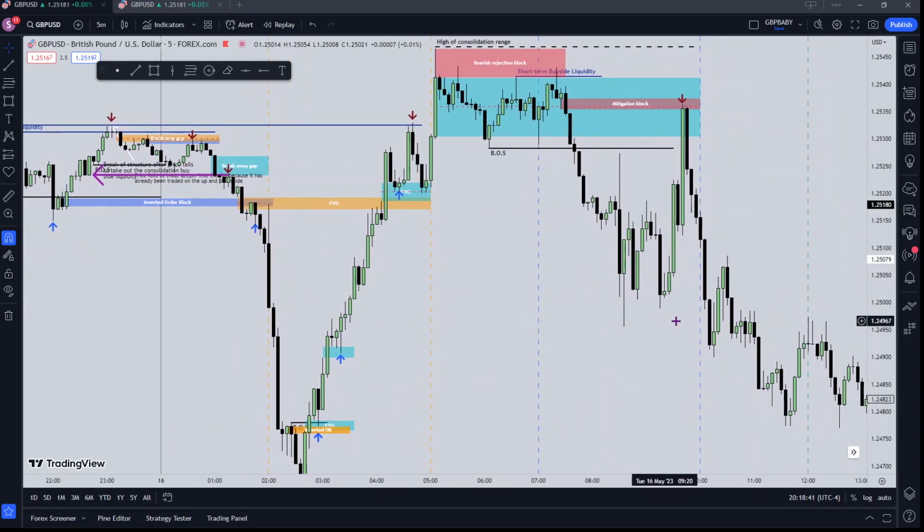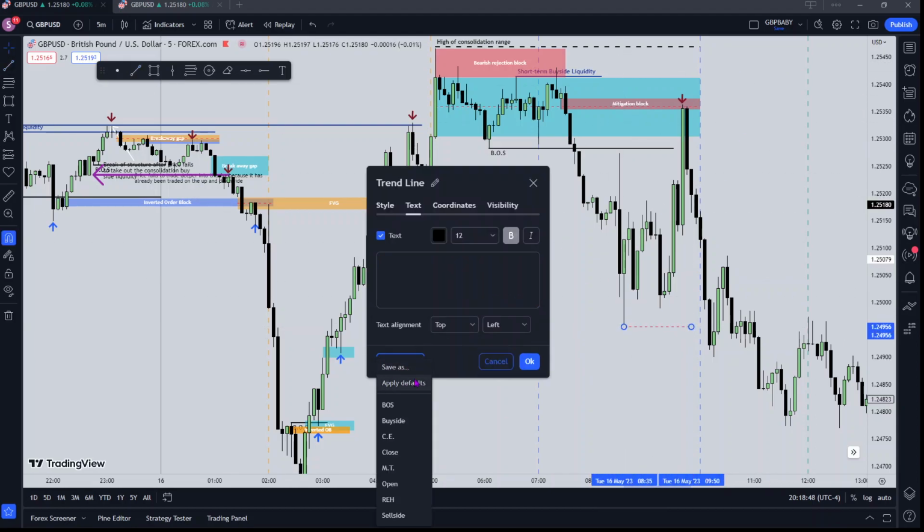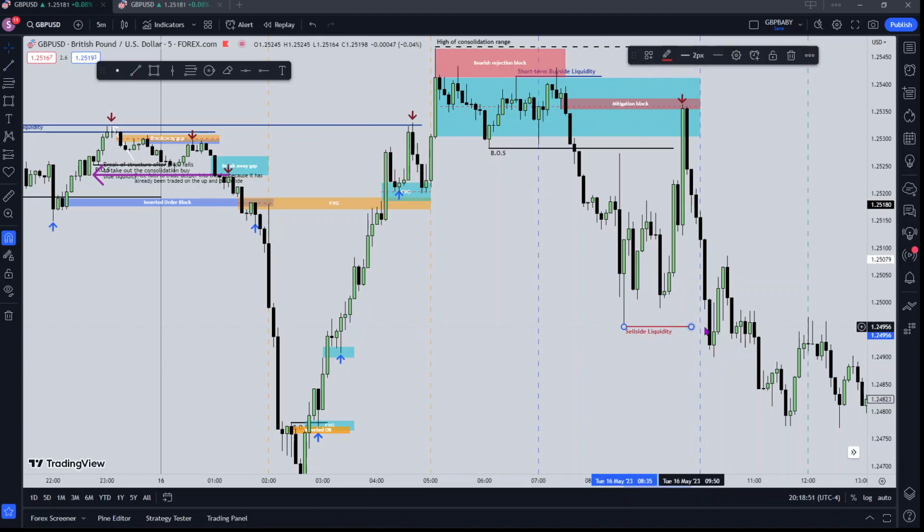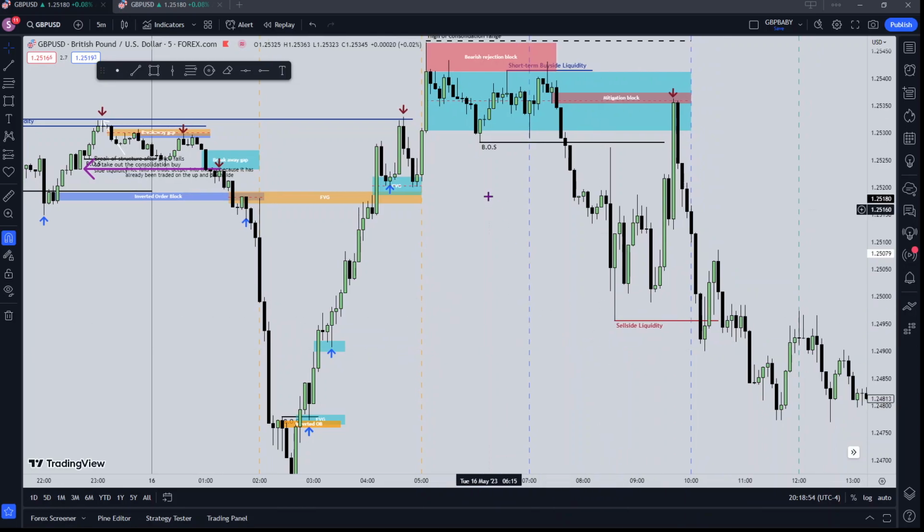And then we have this short-term swing low that was engineered for a target on the sell side. So that's why we want to be buying back.